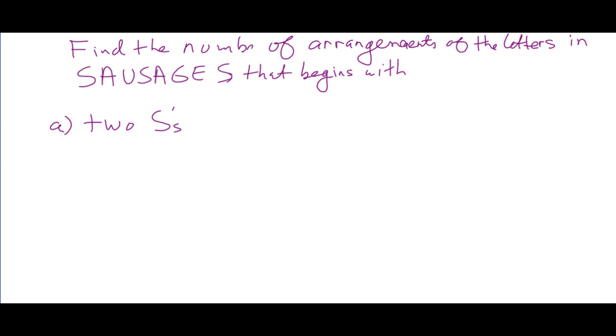How would we say it can't? Could say the third letter isn't an S. Could say begins with how many S's? So instead of saying 2, what could I say? How about exactly 2? Right? Means it can be 2, but the third letter can't be an S. So this one, there's no restriction, right? Just got to begin with 2 S's.